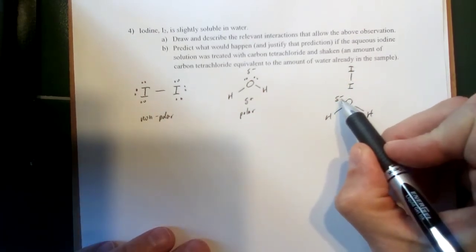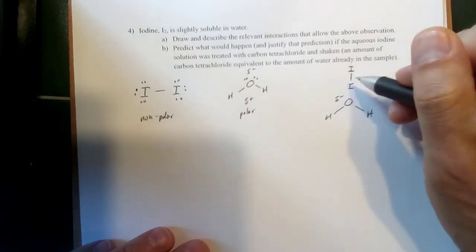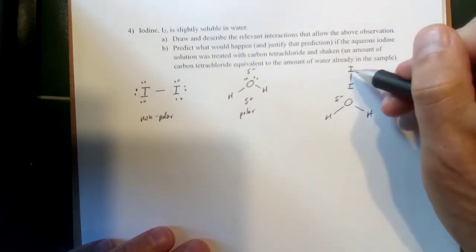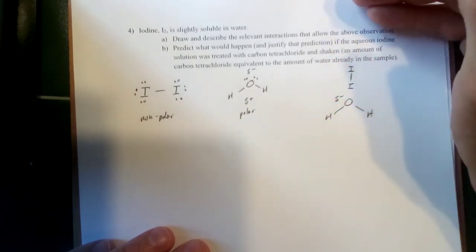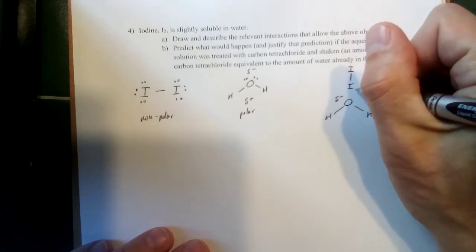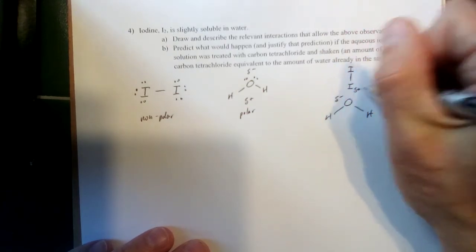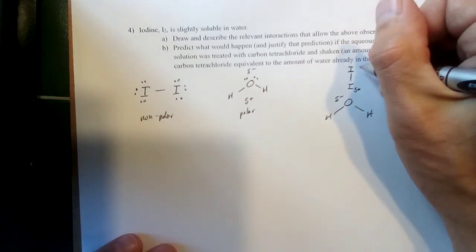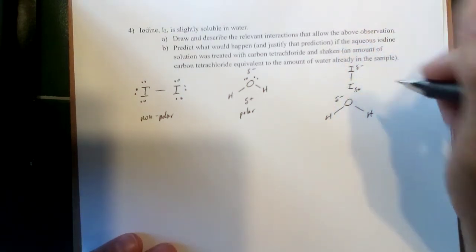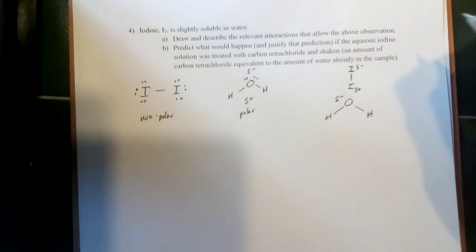So this negative charge on the polar water molecule will induce a dipole in the iodine. The electrons on the lower side, the way I have it drawn, will be pushed away by the negative charge, and that leaves the iodine molecule positive on the side the electrons moved away from, and negative on the other side where the electrons went.